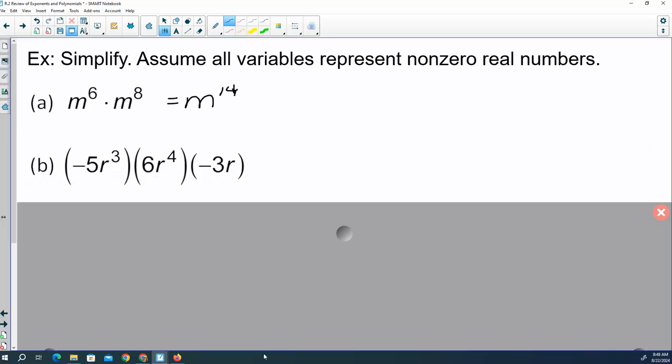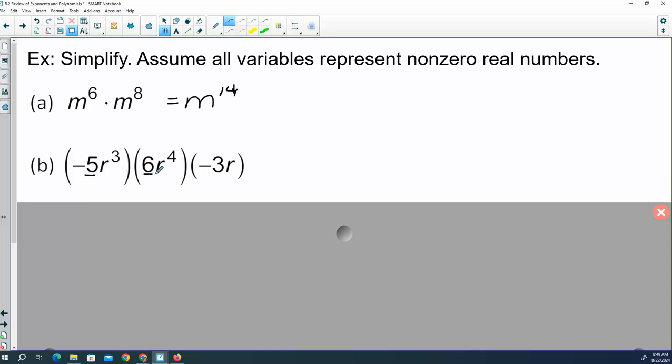What if we have several things to multiply? Do the first two first. So there's really several different options for how to do it. You could think of it as multiplying two at a time.